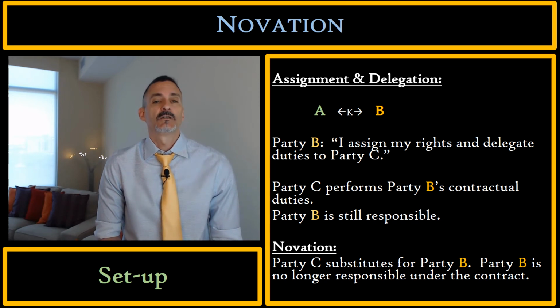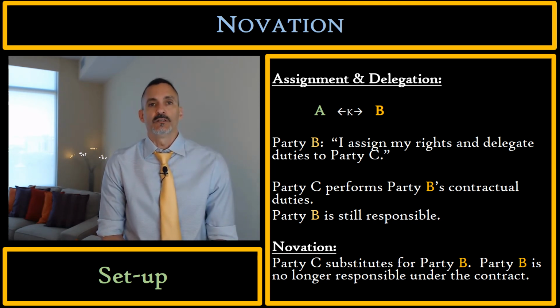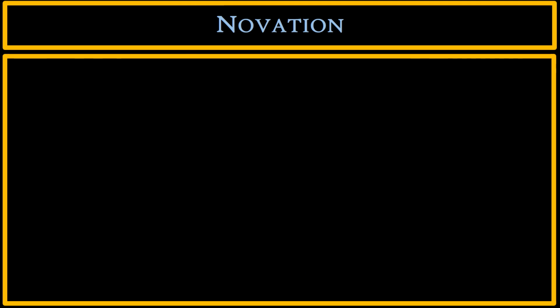How do we do this? Well, let's go through a few more slides just to discuss how we can do this. Let's look at an example of a novation, a very simple example, and discuss how the parties can accomplish this. It's actually quite simple.